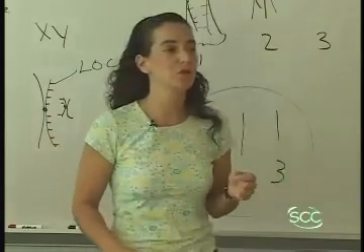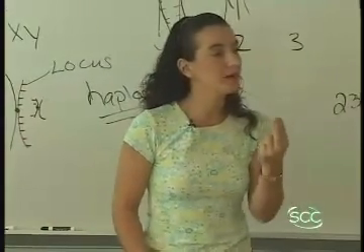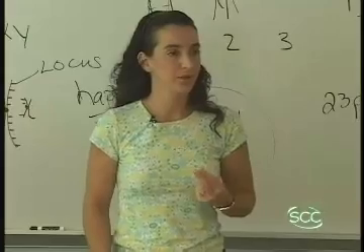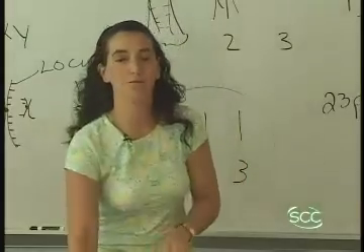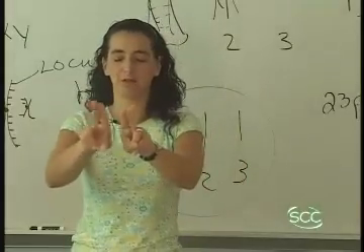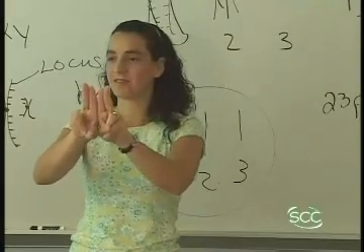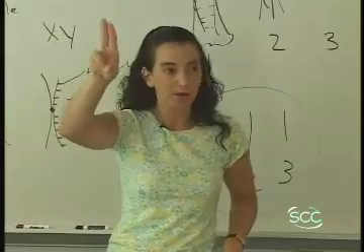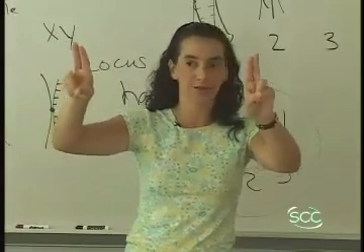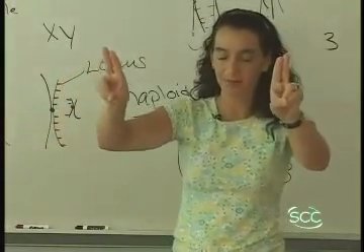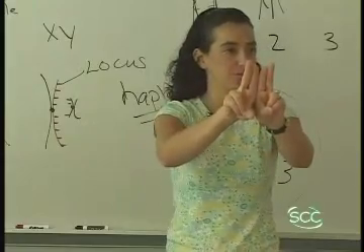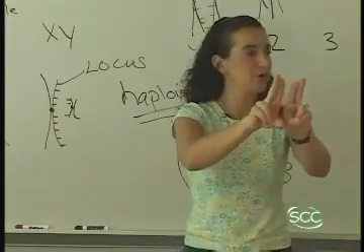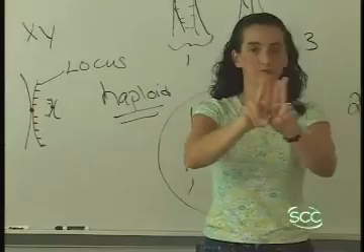These homologous chromosomes pair up through what's known as synapsis. So if this is my chromosome 1 World Book and this is my chromosome 1 Encyclopedia Britannica, they come together and go through synapsis.